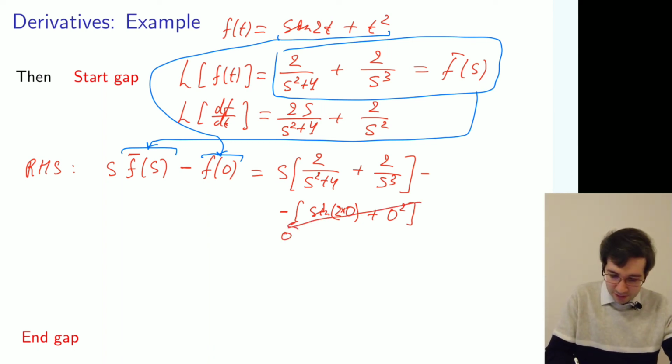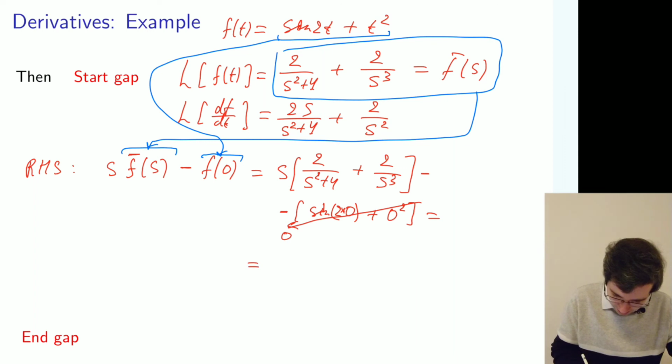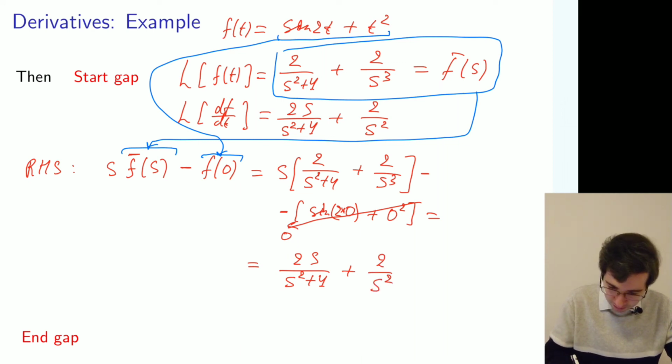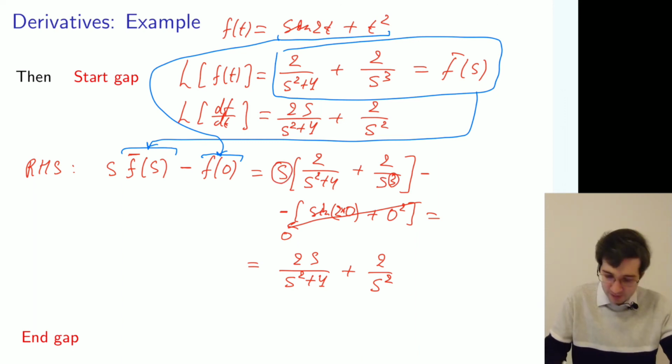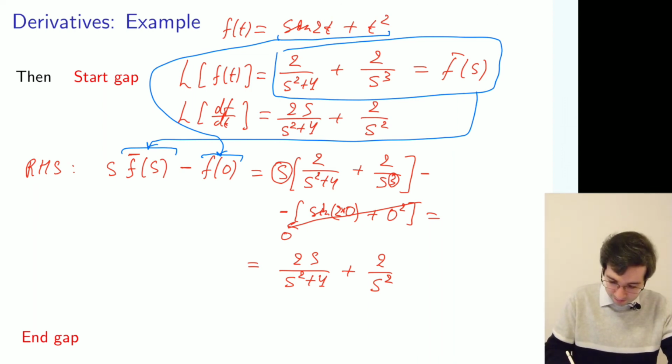So all we are left with is only the first part, which can be simplified as 2s over s squared plus 4 plus 2 over s squared, because we have the cube and the factor s, which become the inverse second power.